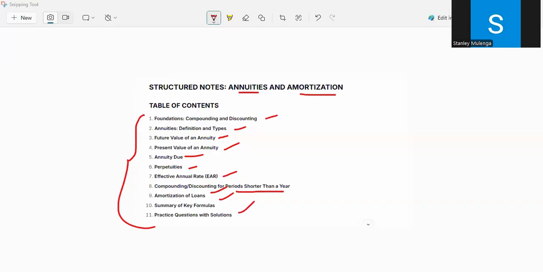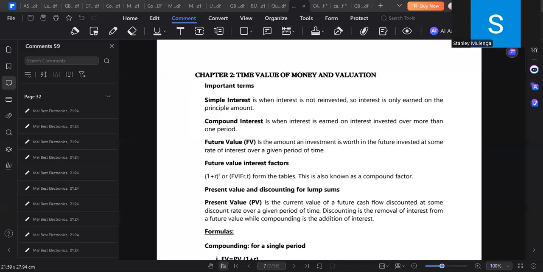To compound is either to accrue interest or to earn an interest. So compounding is done using a general or a semi-compounding formula.